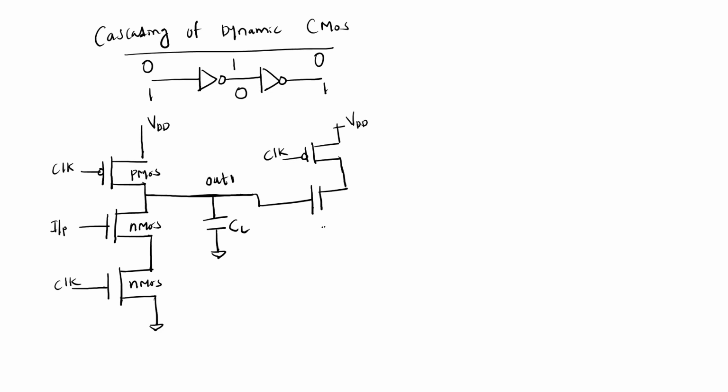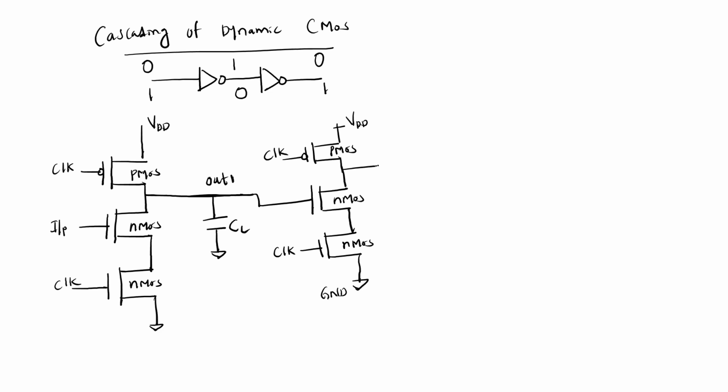Next, this is also an NMOS, I am giving the gated clock, and this one is ground. So this is PMOS, this is NMOS, and next this one is also NMOS.